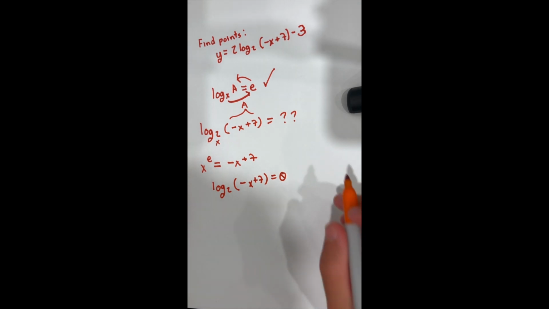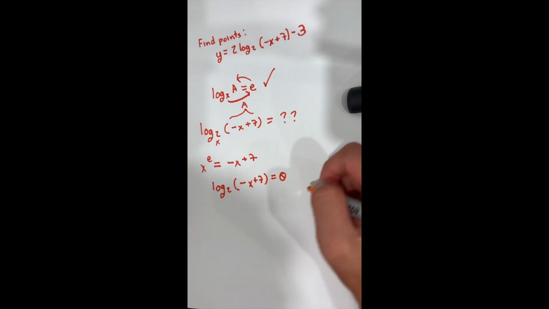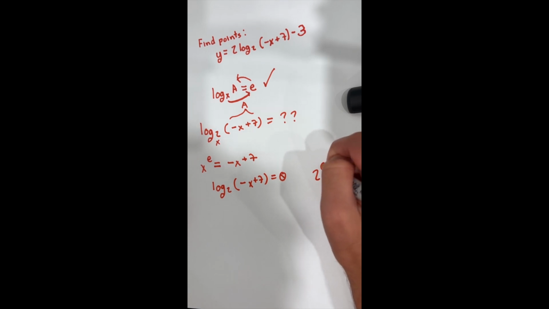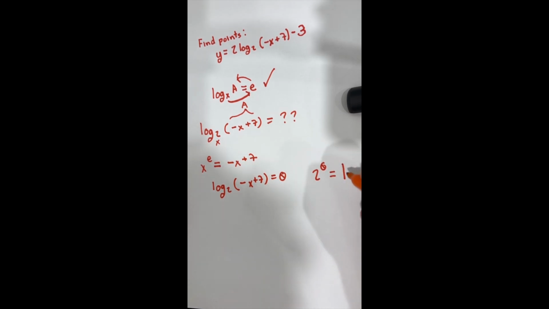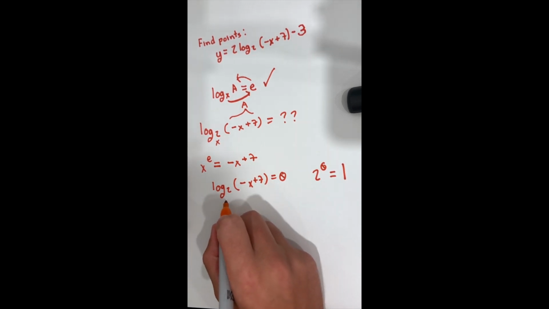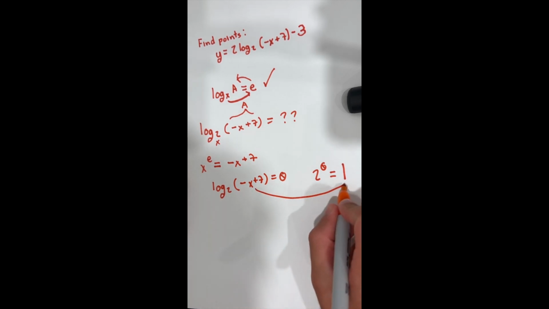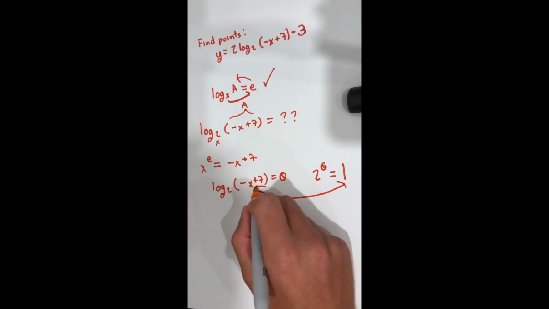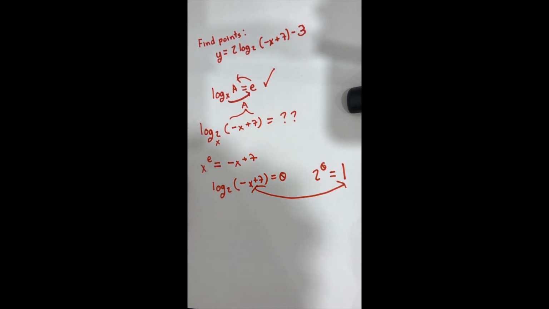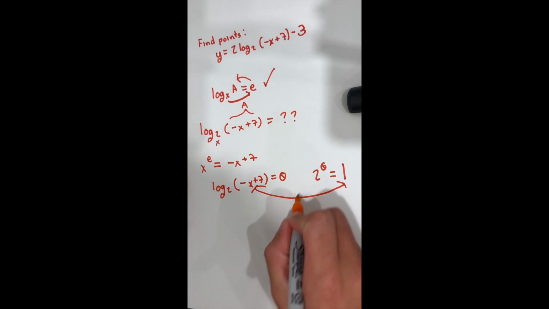So with this we could say that 2 to the power of 0 is equal to 1, because anything to the power of 0 is equal to 1. But that also means that if 2 to the power of 0 is 1, then negative x plus 7 must equal 1 because of that rule we talked about earlier.